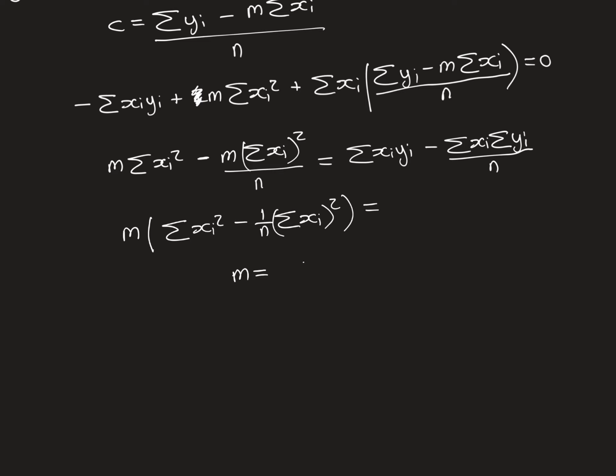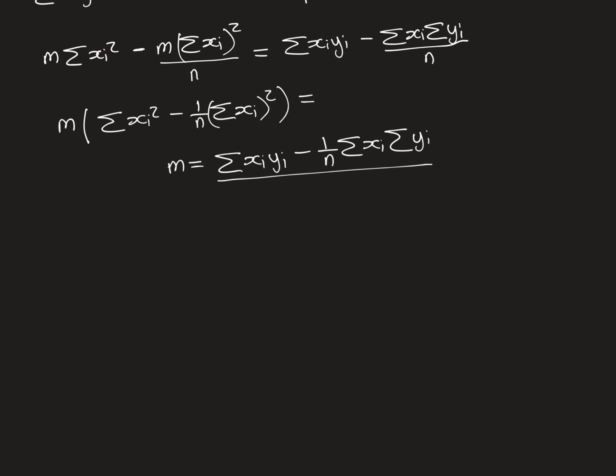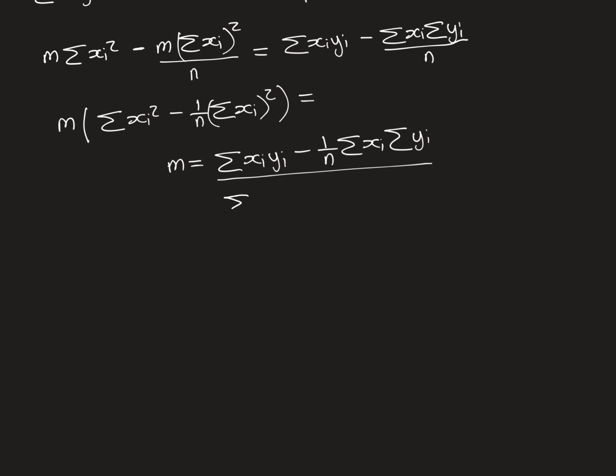So we'll have m is equal to the sum of xi yi minus 1 over n times the sum of xi, whoops, almost made a mistake there, the sum of yi, divided by the sum of xi squared minus 1 over n times the sum of xi all squared. And then we can just multiply top and bottom by n to get this in the more conventional form that it's presented in.